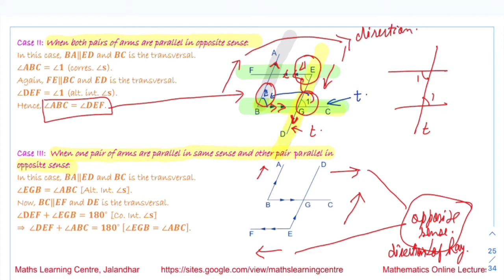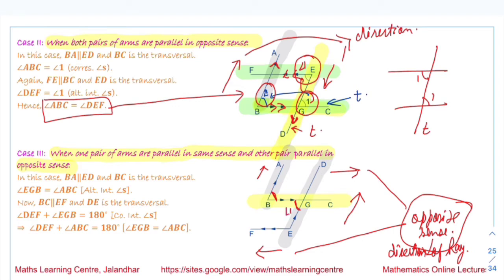Now in this case we have two parallel lines, BA and ED, and for these two lines BC is the transversal line. So what we get is that angle EGB is equal to angle ABC.